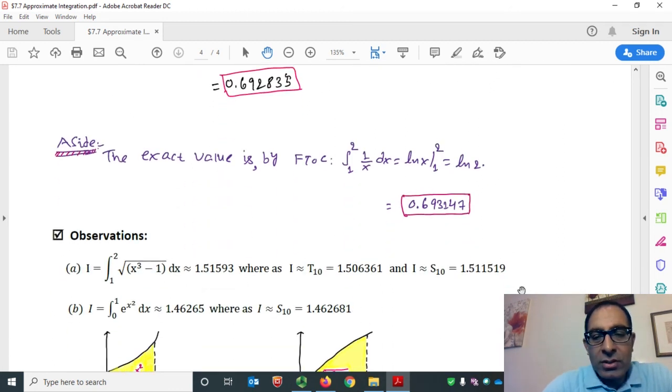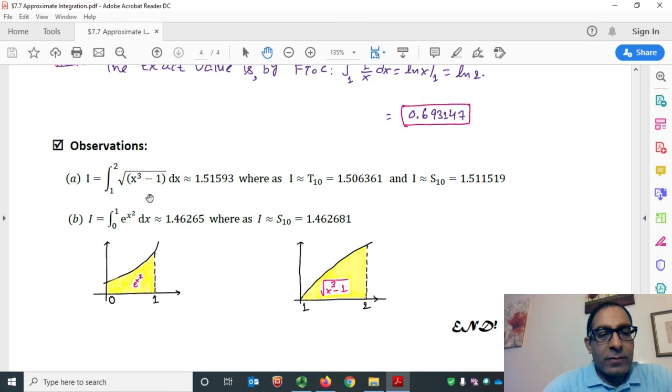So I have one short observation here. The definite integral of the square root of x cubed minus 1, x from 1 to 2, the exact area turns out to be approximately 1.51593. But by using the trapezoid rule, taking n equals 10 partitions, gives me 1.506361. And using Simpson's rule, it gives me 1.511519. Great.